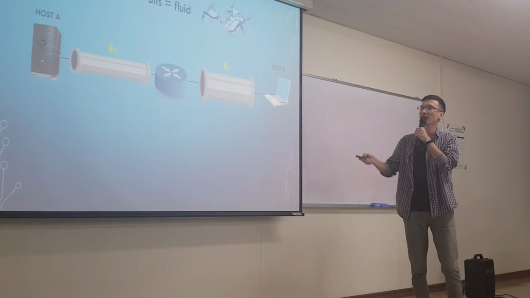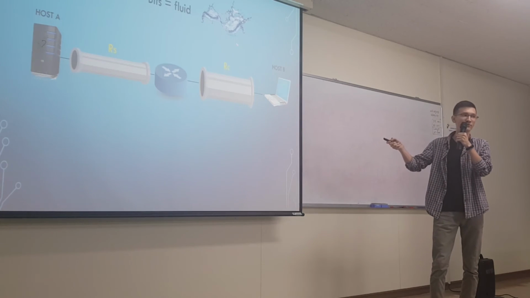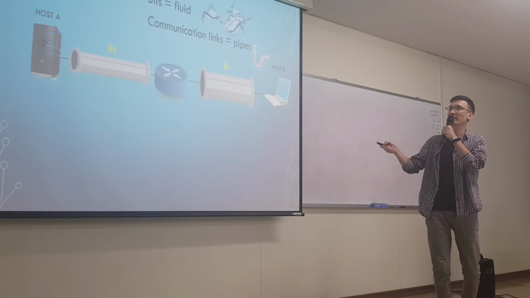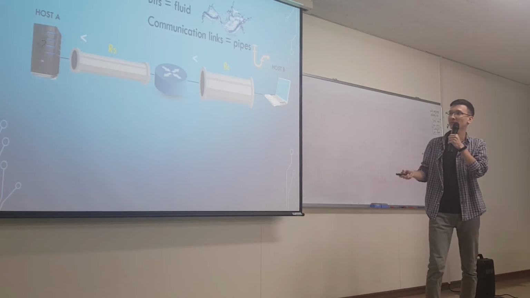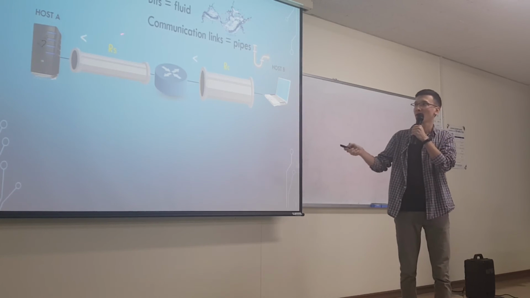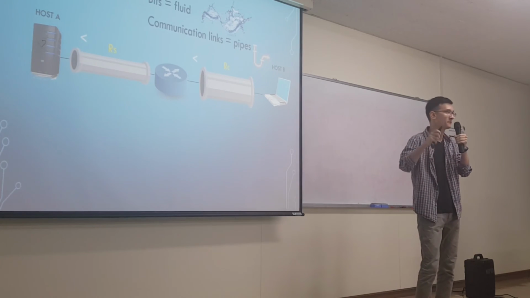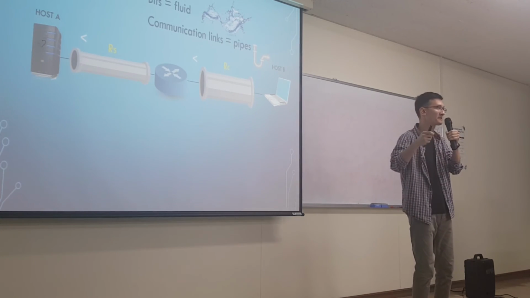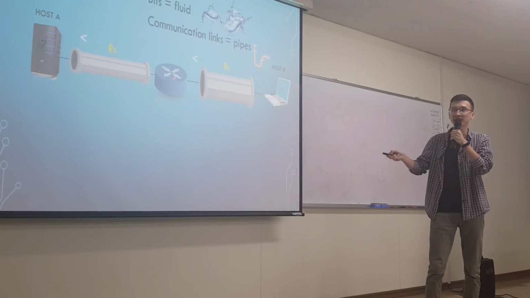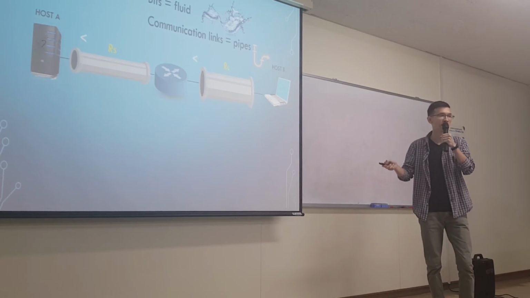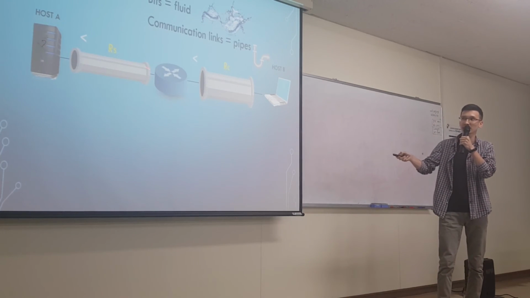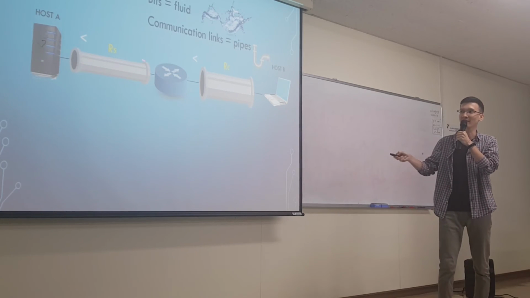Now, let's consider bits as a fluid and communication links as pipes. Just imagine, host A wants to send bits fluid through this communication link, but the rate is less than the transmission rate of this communication link.